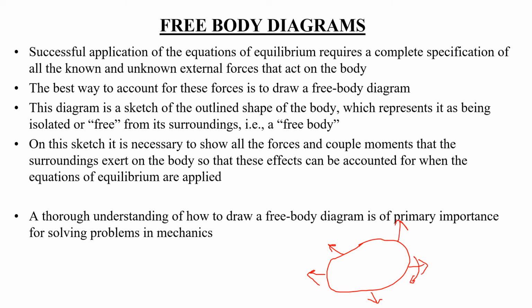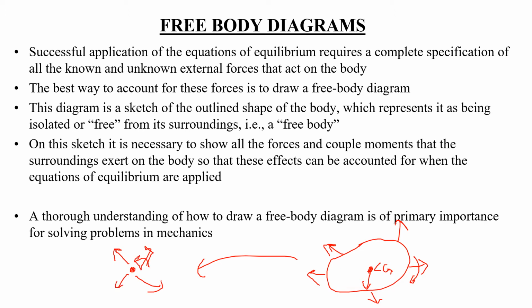So we can just ignore this whole shape of the body and just take the resultant on the center of gravity or wherever the forces are acting. When we draw this body as just a point with different forces acting on it, it becomes a free body diagram.